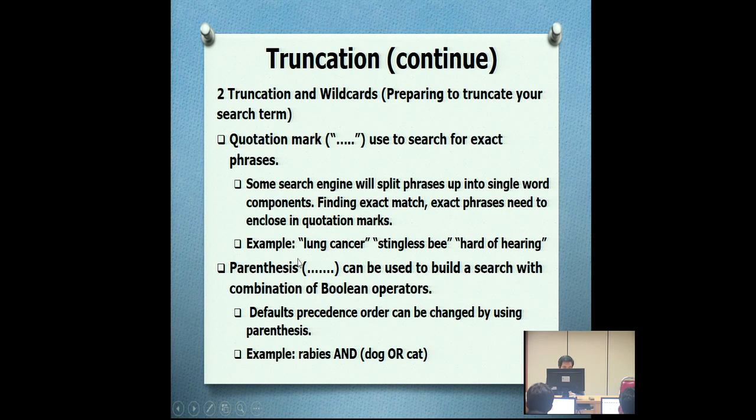And the last one, the parenthesis. The parenthesis matters when you search multiple words and connect them with different operators, not only AND. You have the operators AND and OR. By default, they have an order.